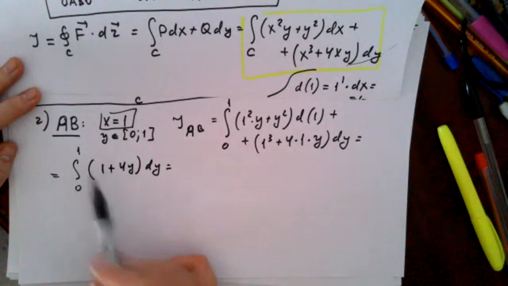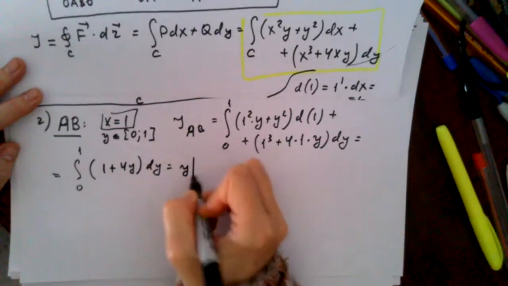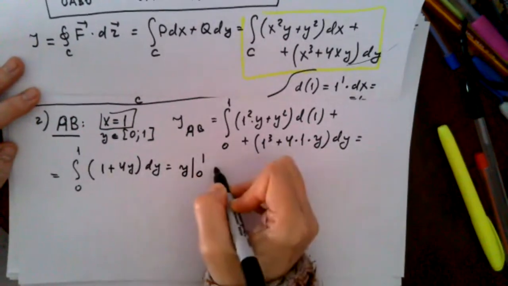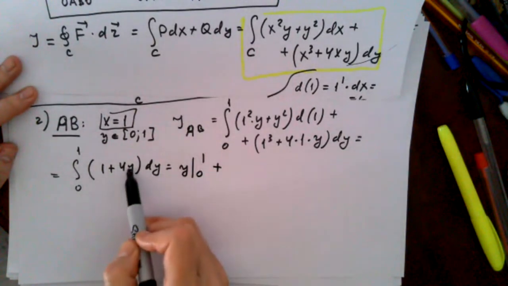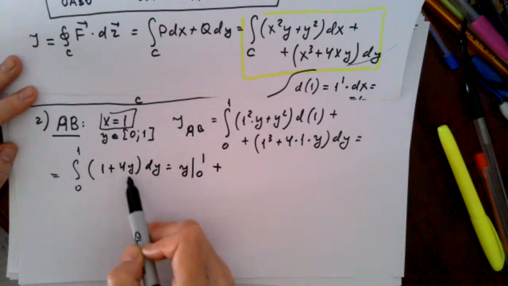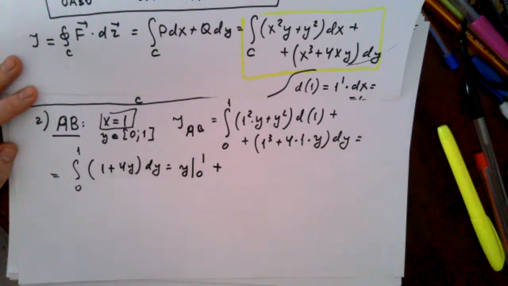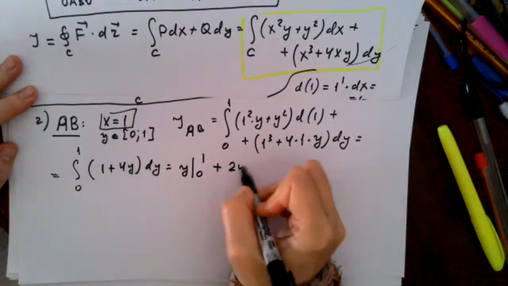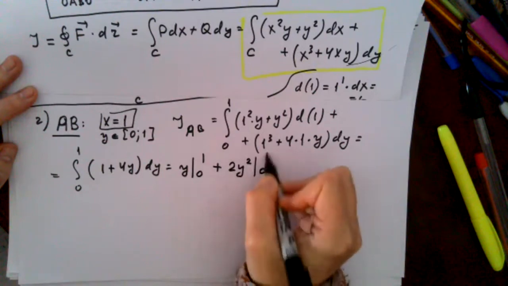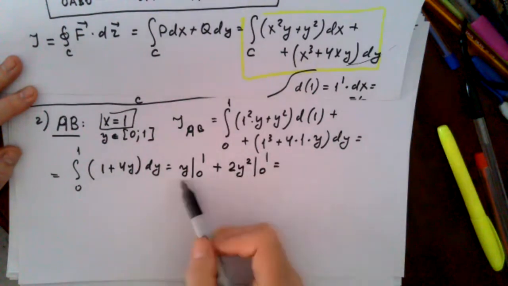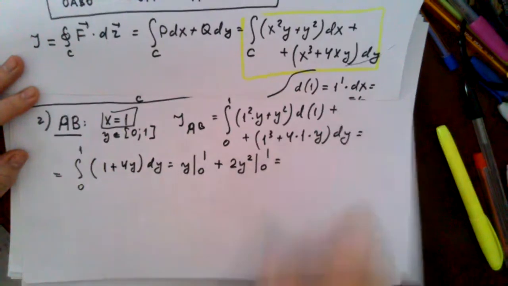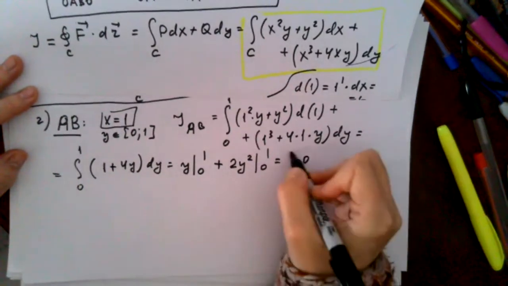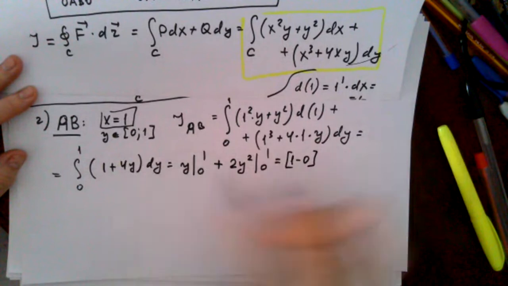What is the antiderivative of the first term? y, of course, with a vertical bar from 0 to 1. What about the second term? The antiderivative of y is y squared divided by 2, so 4 and 2 get cancelled out, and we finally have 2y squared from 0 to 1. Now we need to substitute. If you substitute, 1 minus 0, we'll get 1 minus 0 here, so this applies to the first term.